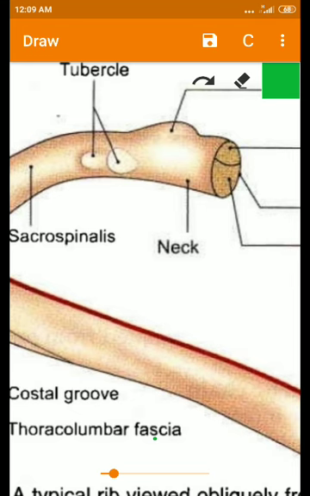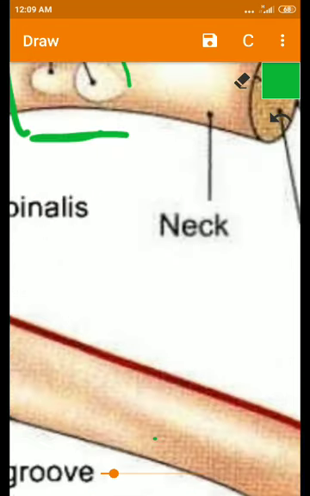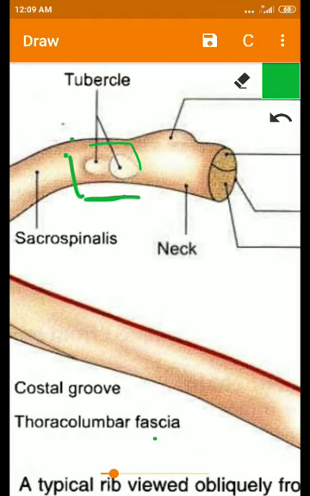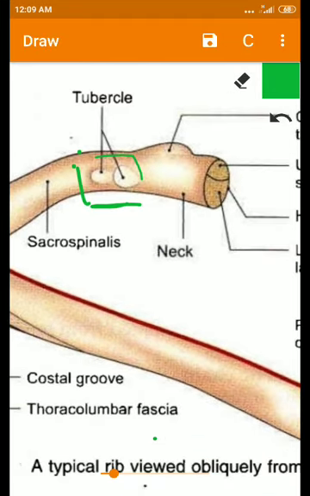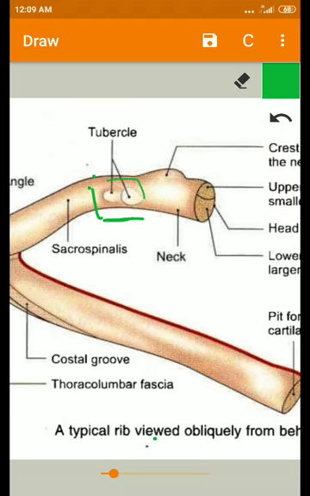Now coming to the tubercle. This is the tubercle. It is situated on the posterior surface of the rib at the junction of neck and shaft. This is the shaft, and here is the neck.